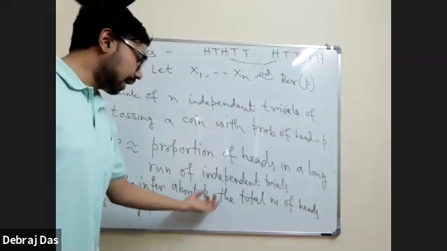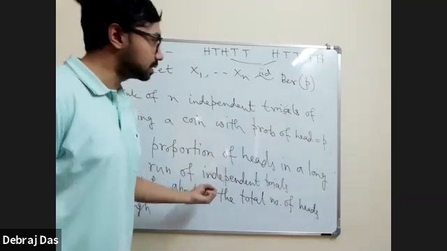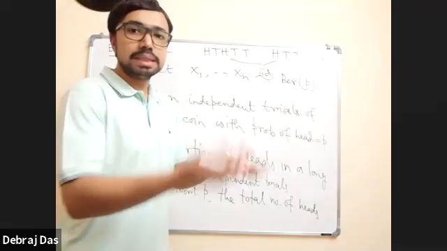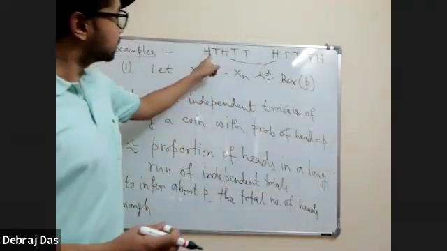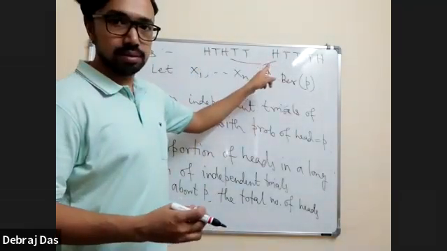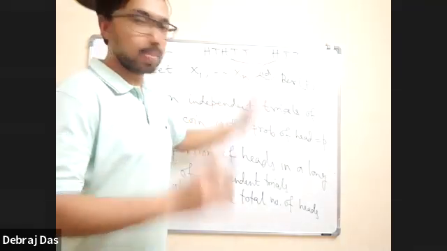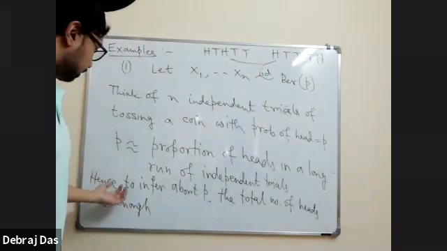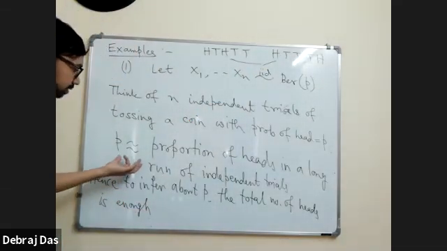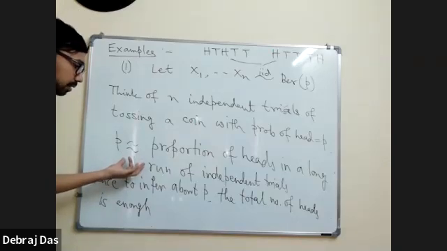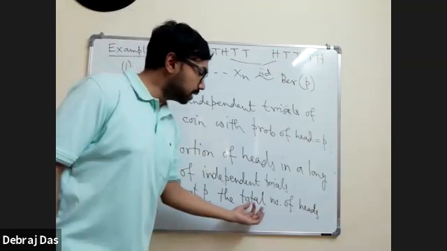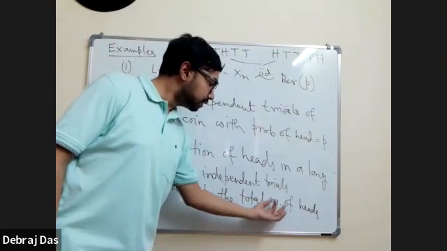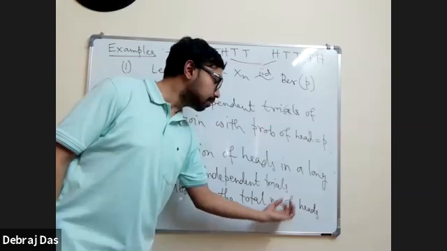After having the information about the number of heads, what is the information that is left in this sample? The information that is left in the sample is simply the position of heads, nothing else. But if you look into this definition of the probability, then to infer about P, it is very easy to understand that the number of heads is enough.